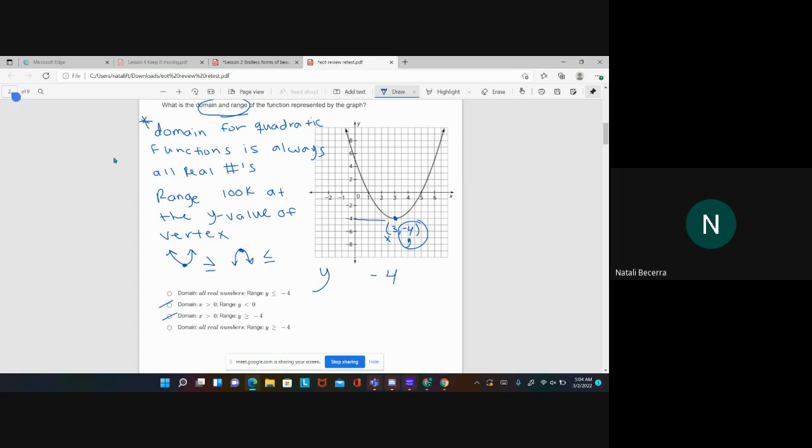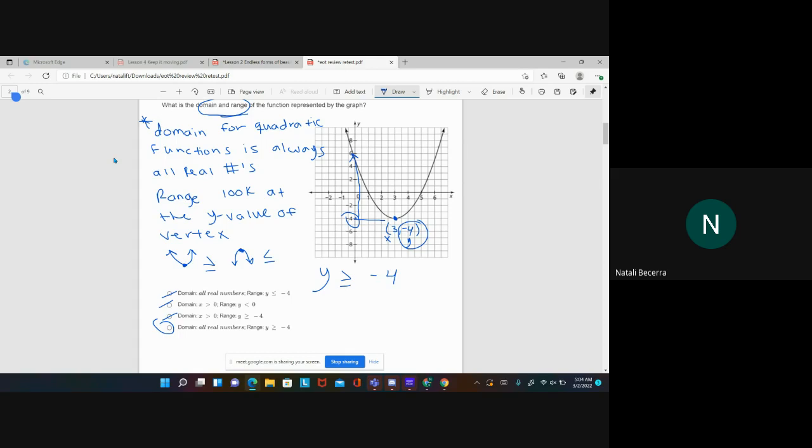If you follow where the graph is going on the y-axis, this graph is going up. That means that it has to be greater than or equal to -4. All the y values are getting bigger than -4, right? So yeah, that's another way to look at it. So it's going to be this one, and that makes it the answer D.